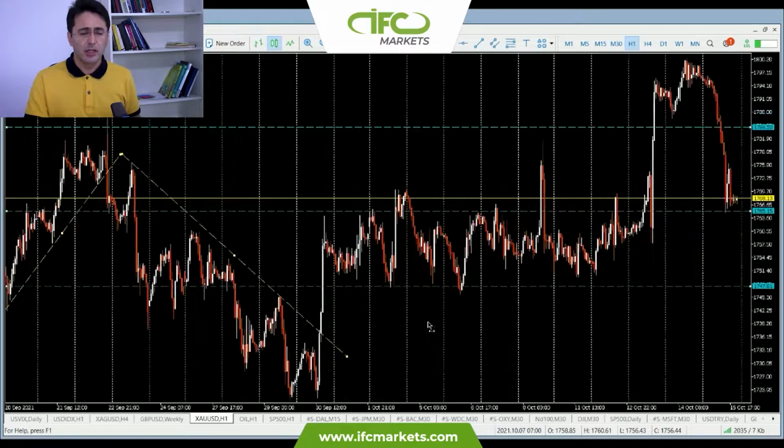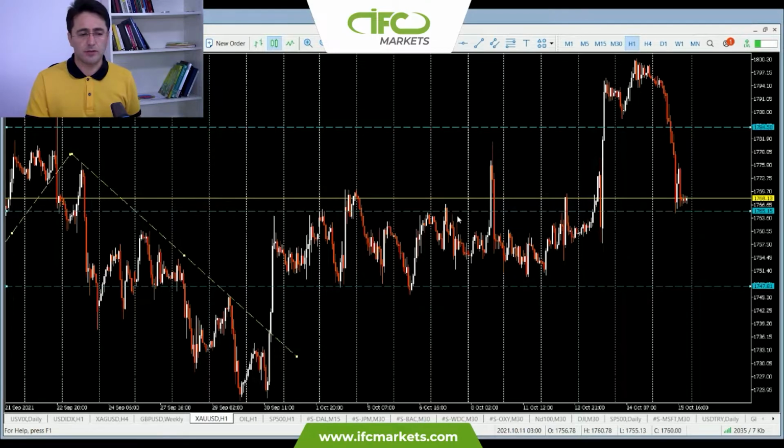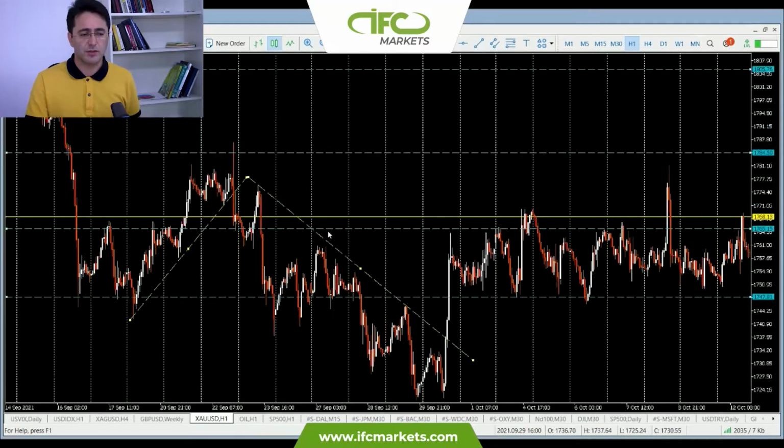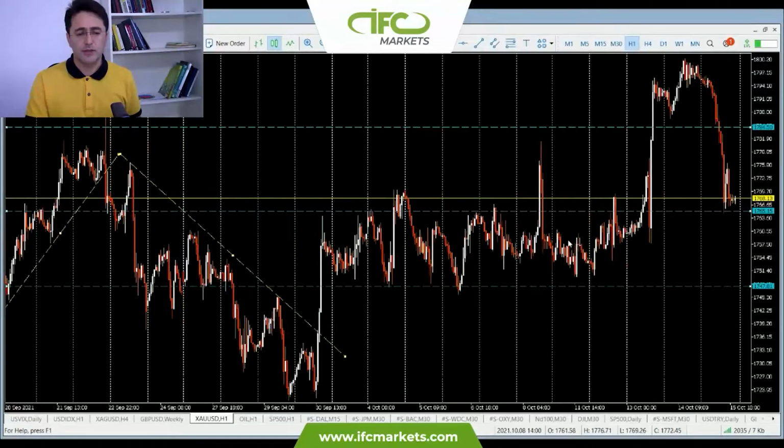And the upper band is the resistance, which was the support level before. Now if the price can breach this level above and trade higher, we can find out that this pattern was a reversal pattern.